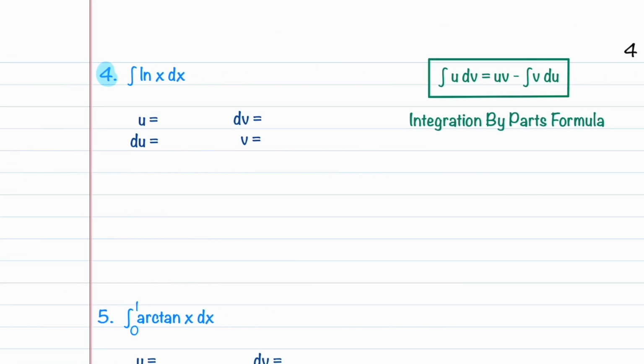This next example falls into the category of choosing u to be the function that becomes simpler. In this case, it becomes algebraic when you differentiate it. And that function that we're going to choose to be u is equal to ln x. I actually had this problem on an exam that I took in high school.